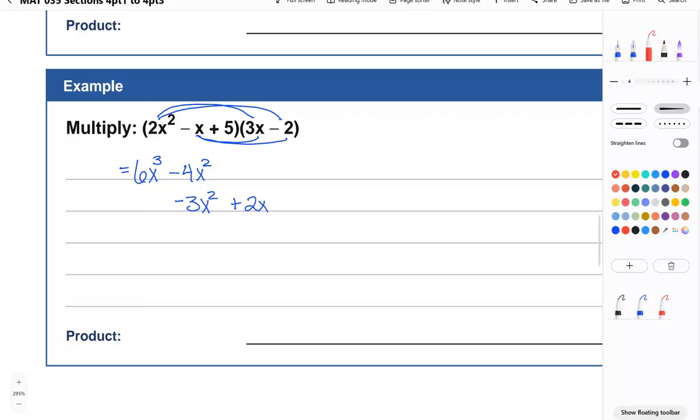And then we got to distribute the last term. 5 times 3x is a 15x. And then 5 times a negative 2 would be a negative 10. So we have 6x cubed minus 7x squared plus 17x minus 10. So there's our final answer.